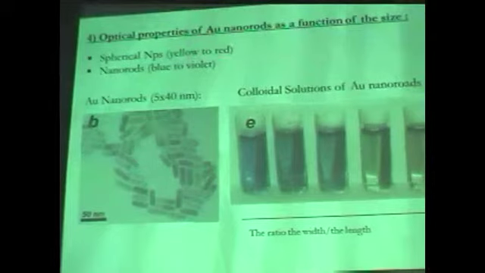The color is modified from yellow to red, but for the nanorods, we can see here those nanorods with very narrow size, the color changes from blue to kind of violet or yellow violet, as the ratio width to length increases.